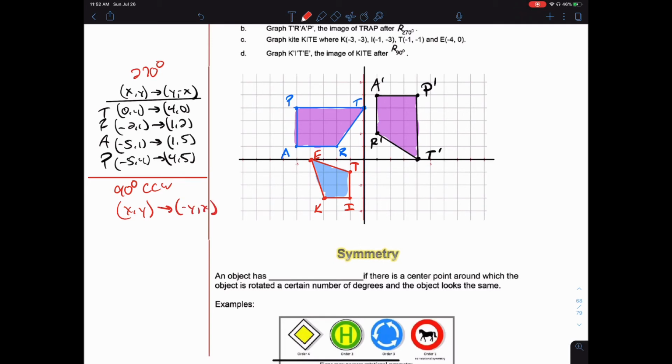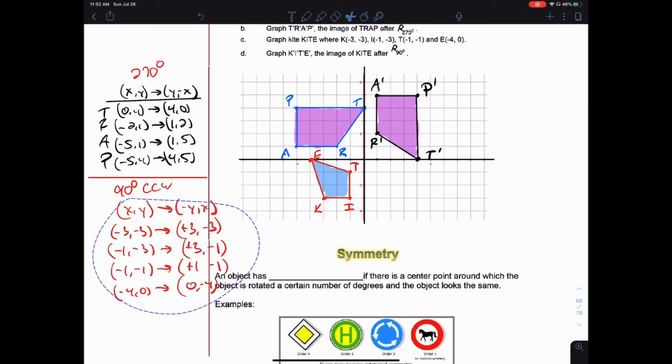So if I take these ordered pairs, negative 3, negative 3, negative 1, negative 3, negative 1, negative 1, negative 4, 0, I switch their order. Then I change the sign of the first one. That's what this coordinate rule is saying.